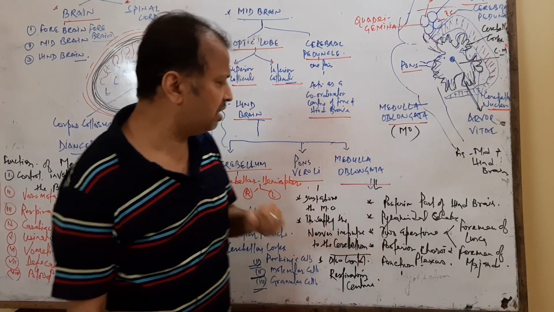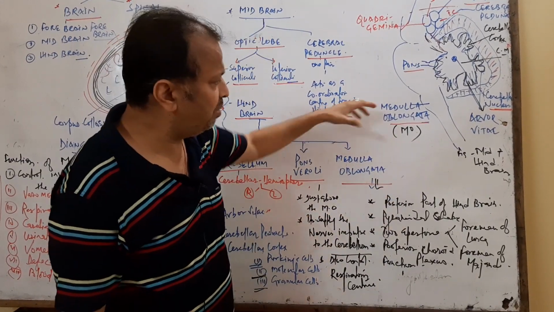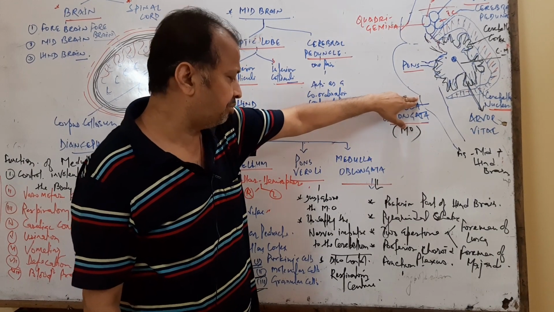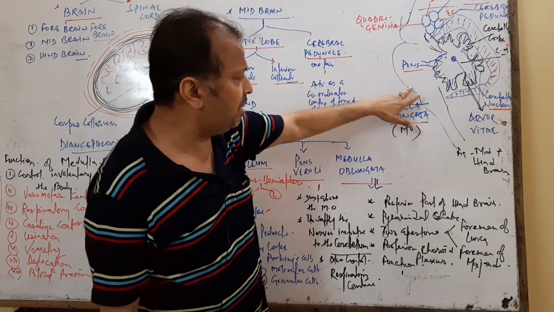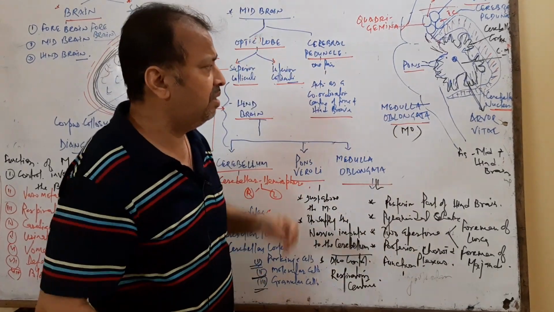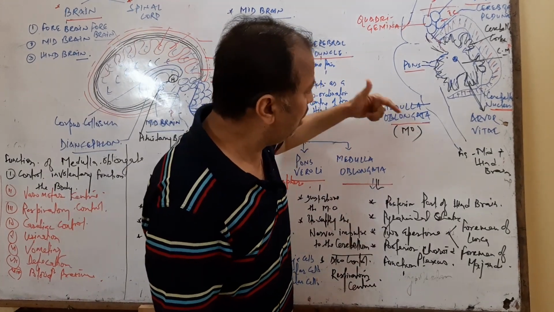The medulla oblongata is the posterior part of the hindbrain. Here you look at the posterior part of the hindbrain, and it looks like a pyramidal, triangular shape. The broad part is upper and it tapers posteriorly.